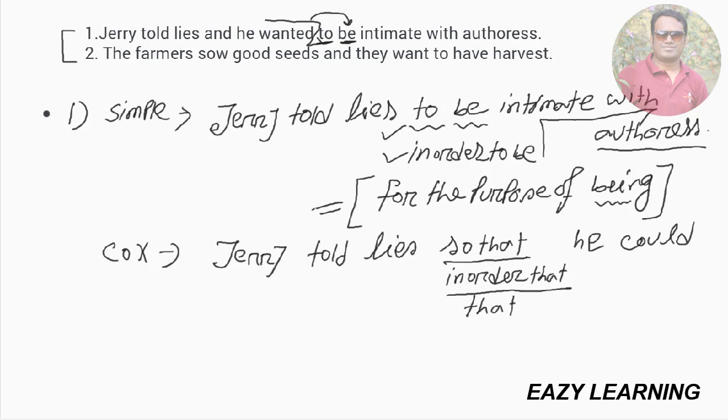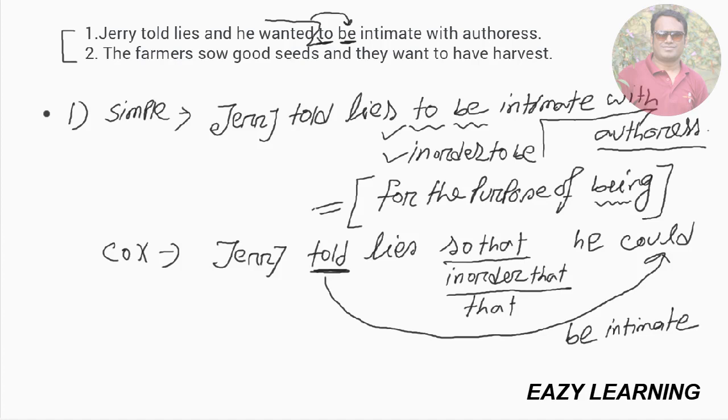Why have I written "could" here? Because this verb is past form, so for that I have written "could." If you find present form here, then you have to write "can." So: Jerry told lies so that, or in order that, or that he could. Now I have to write the verb "be": so that he could be intimate with others.